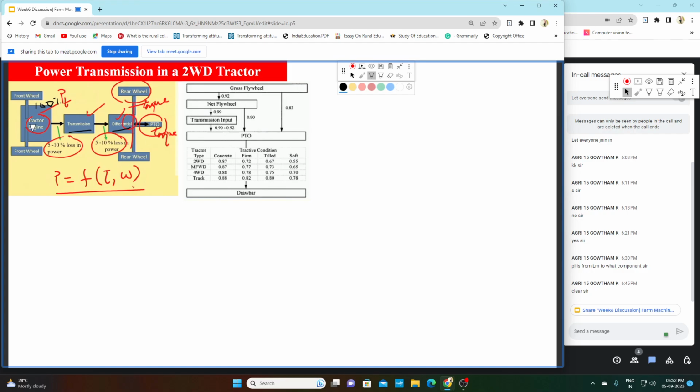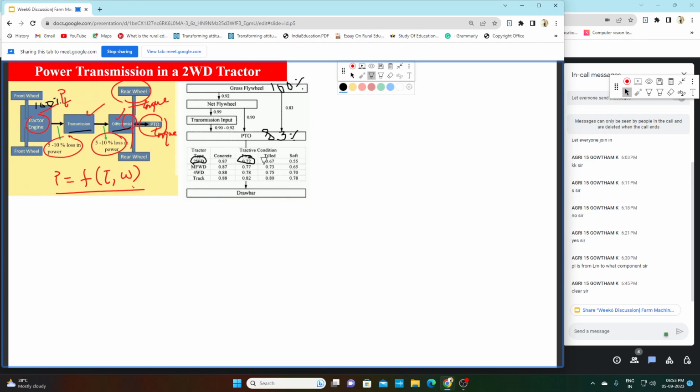Now this is the chart. If gross flywheel power is 100%, the power that we get in the PTO is 83%. The power that we get in the drawbar, or you can say the rear wheels, depends on the type of tractor as well as soil conditions. Generally we are talking about a two-wheel drive tractor and firm soil.